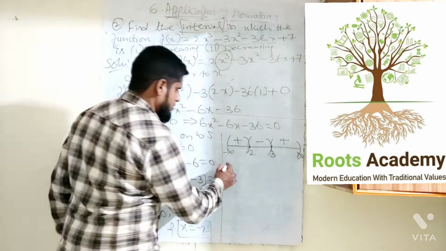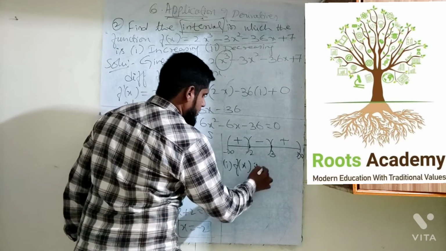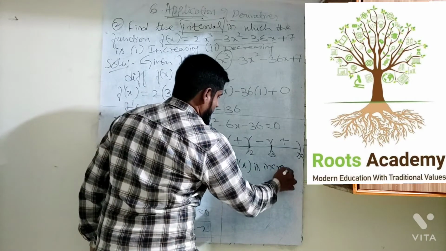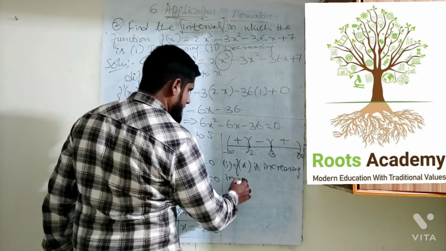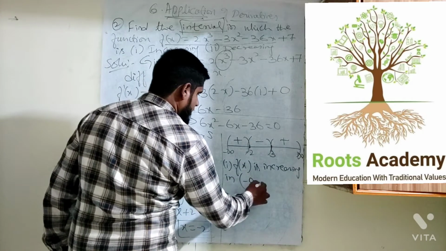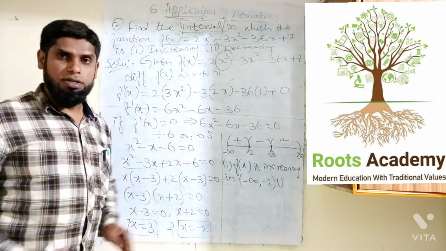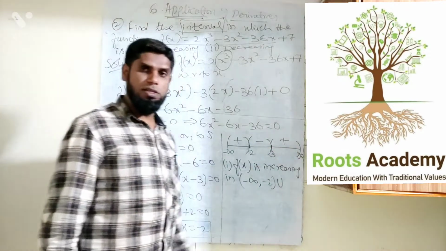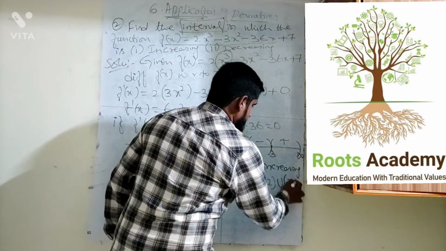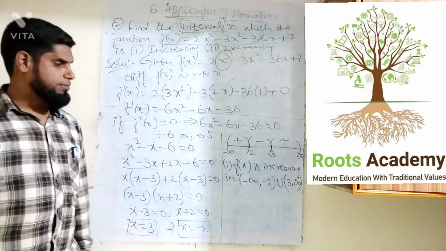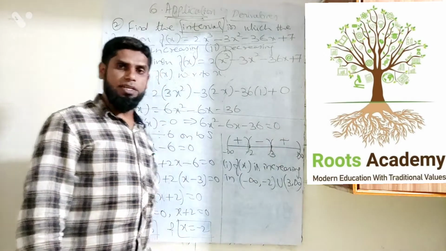So the conclusion is, first one, f of x is increasing in the interval minus infinity comma minus 2, union, I should write because I need both, so I'm combining these two intervals, union open interval 3 comma infinity. In these two intervals, the function is increasing.